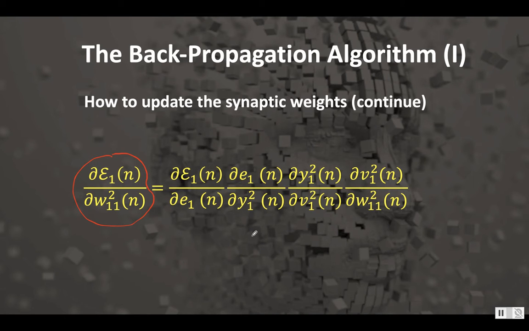We got these chain rules. Therefore, if you cancel each of them, this one cancels with this one, this one cancels with this one, this one cancels with this one, and you'll get this equation. This is called the chain rule of calculus.